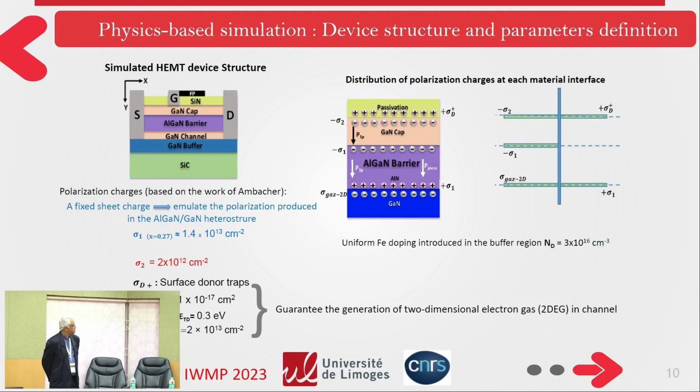Finally, we put a surface donor between silicon nitride and GaN cap with an electron energy level of 0.3 electron volt below the conduction band, and a density of 2 e power 13, in order to guarantee the generation of a two-dimensional electron gas in the channel. We have also put uniform doping in the buffer of 3 e power 16 per centimeter cube.